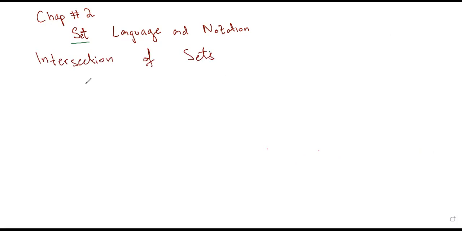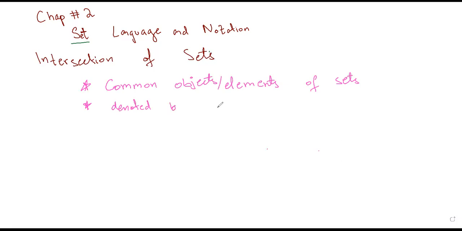So we define intersection of sets in an informal way. We have common objects or elements, whatever you call. If you have objects in sets, you can say you have elements in sets. It's totally up to you. We write down common elements of sets. Intersection is denoted by this symbol, right?